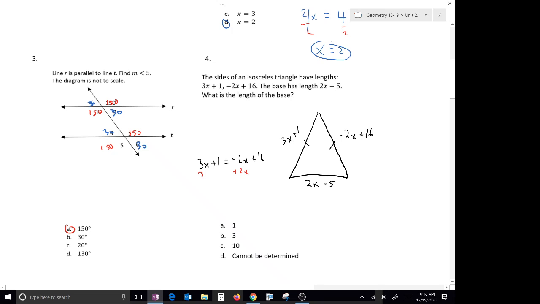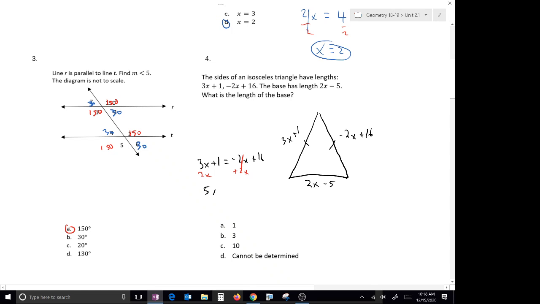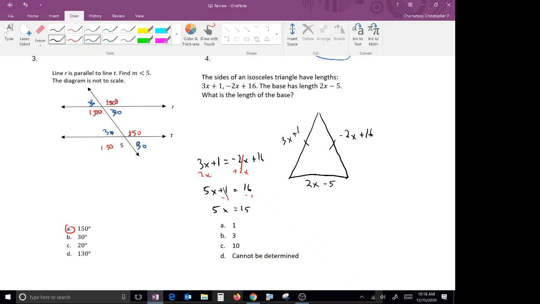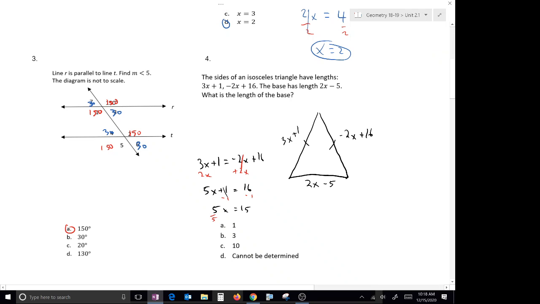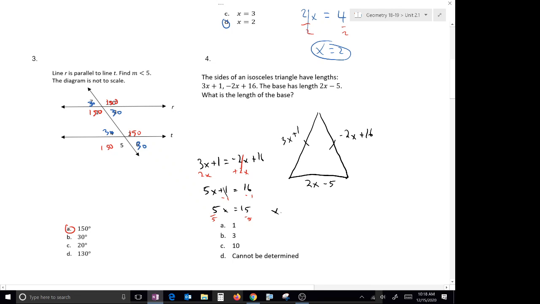Add 2x. That's 5x plus 1 equals 16. Minus 1, minus 1. 5x equals 15. We can divide by 5. And we get x equals 3.